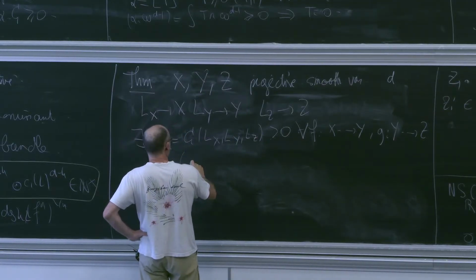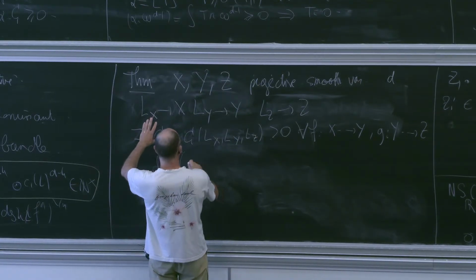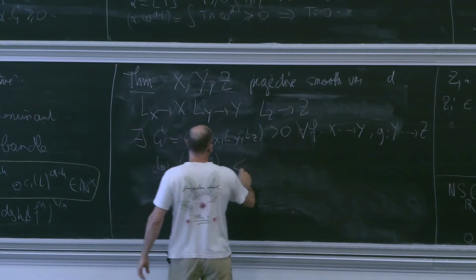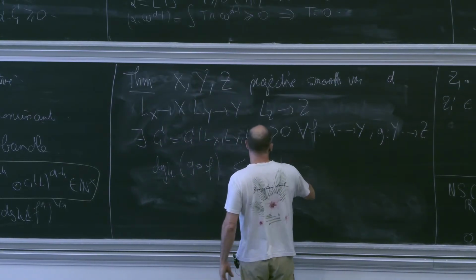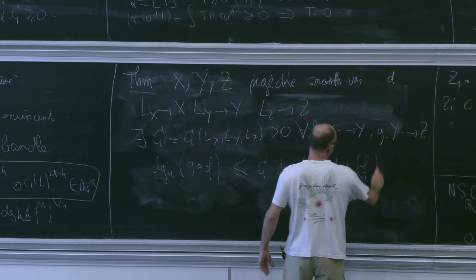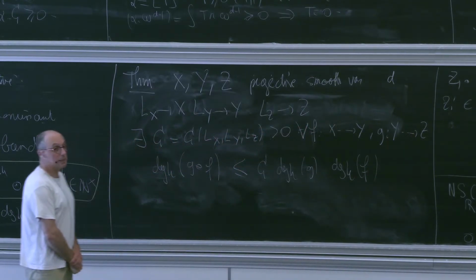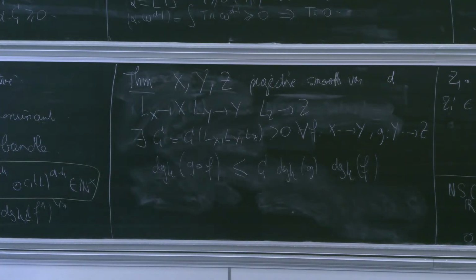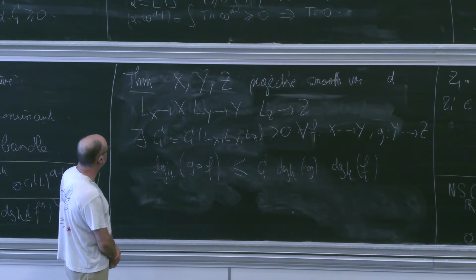So degree k of g composed with f is less than or equal to the constant times degree k of g times degree k of f.